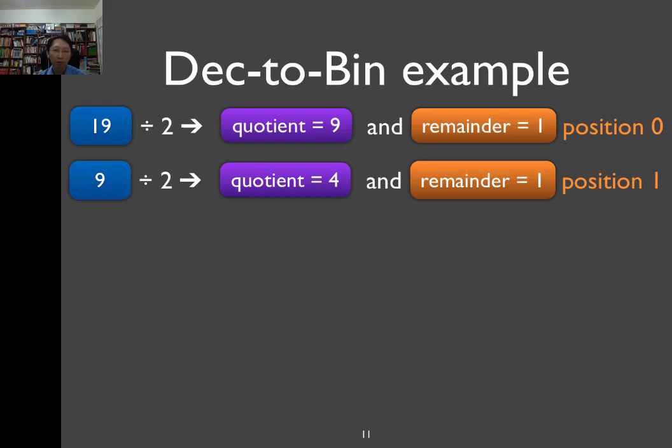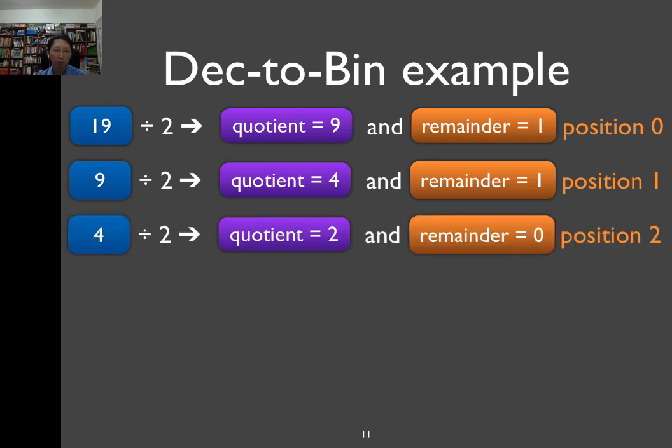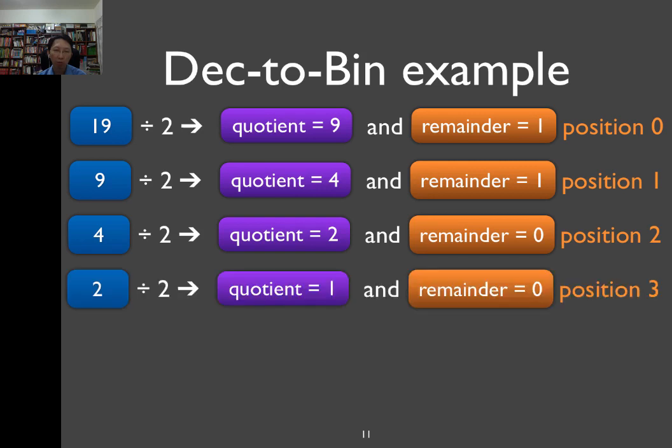And the quotient is not 0 yet, and we do the division again. This time we get the quotient as 2 and remainder as 0. And we can continue this.